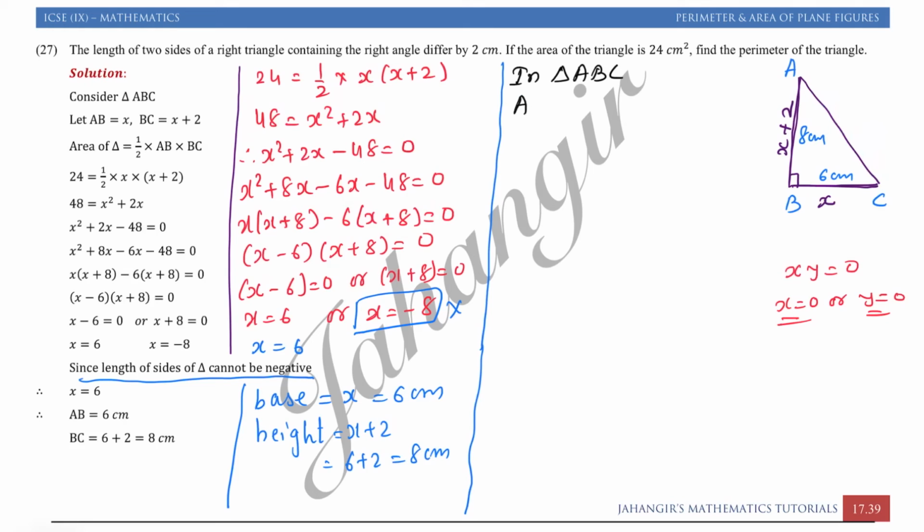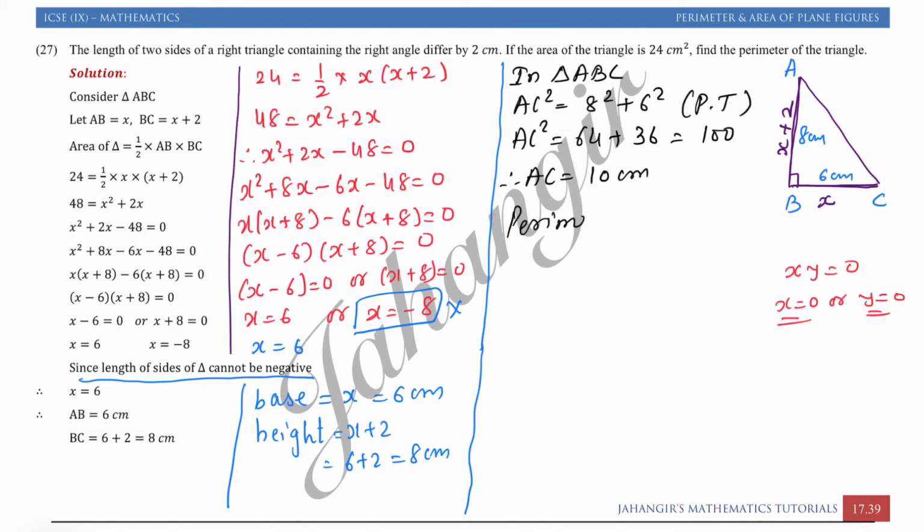We can say AC square is equal to 8 square plus 6 square. This is Pythagoras theorem. AC square is equal to 64 plus 36, that is 100. So therefore AC is equal to square root of 100, which is 10 centimeter. So now perimeter of triangle is equal to sum of all sides, 8 plus 6 plus 10, that is equal to 24 centimeter.